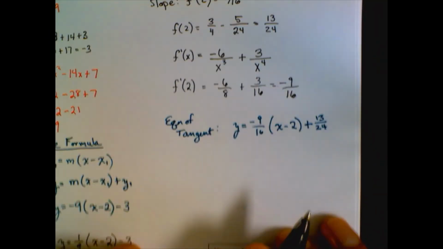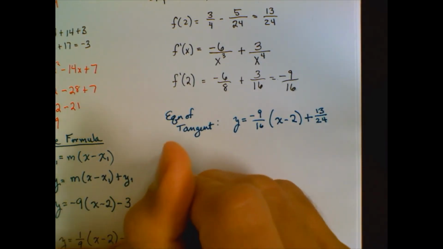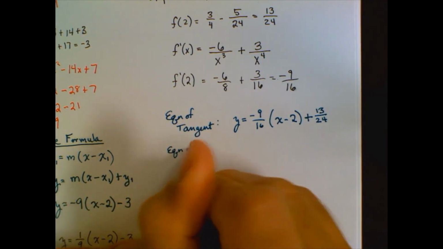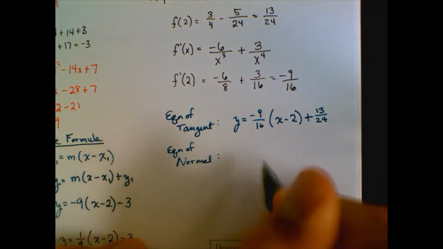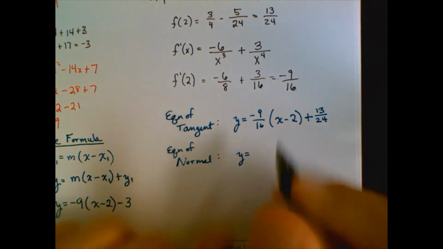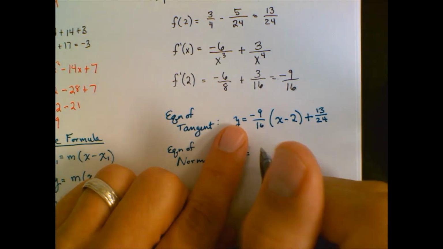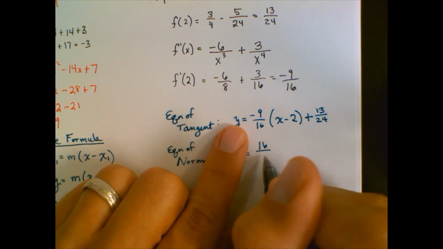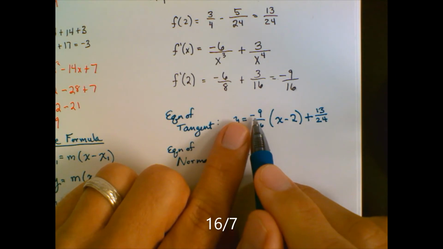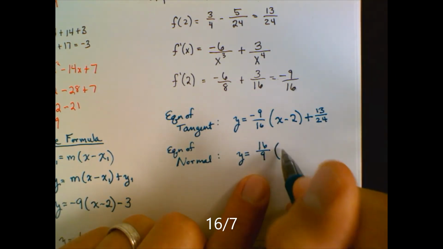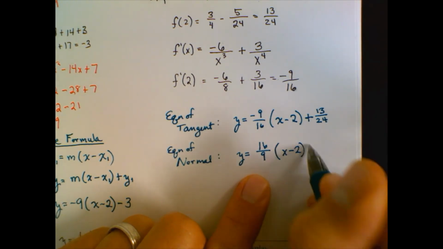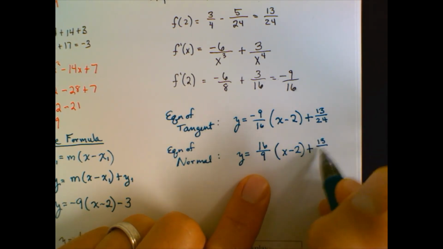All right, and then the equation of the normal, I'm going to write that as y equals, now I need to flip this, so 16 over 9, and I also need to change the sign, so it's negative there, I need to change it to positive. So 16/9 x minus 2 plus 13 over 24.